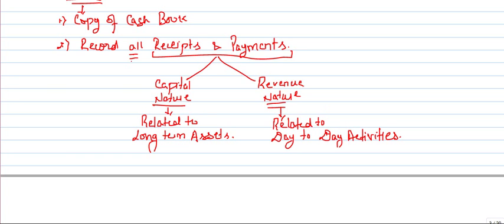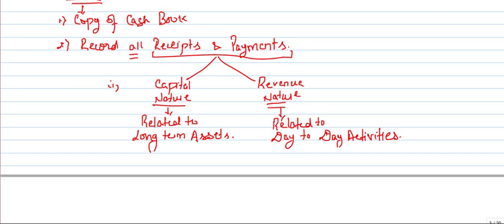So why has this word all been used? This is the first reason, that receipts and payments can be of capital nature and revenue nature. So the receipts and payment account for the non-profit organization says you have to record all the transactions, whether they are of the capital nature or of the revenue nature, right?